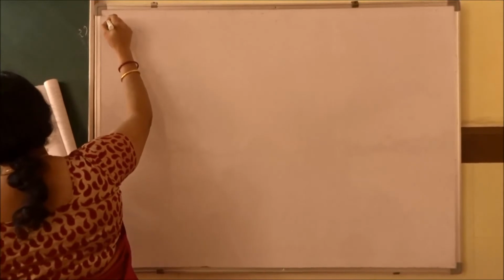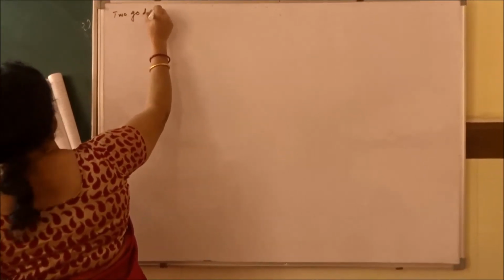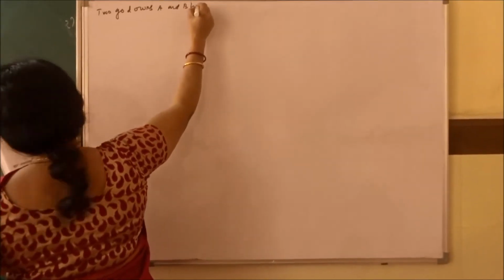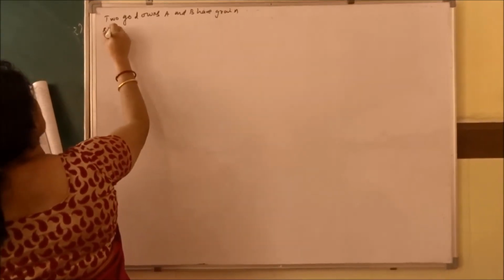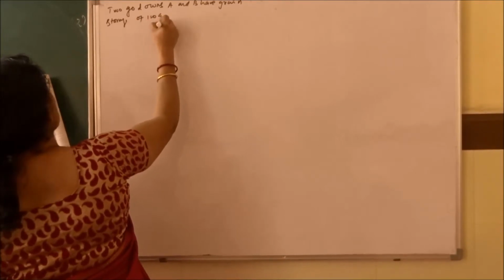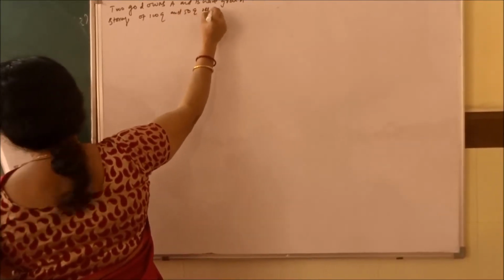Now see, there are two godowns A and B that have grain storage of 100 quintals and 50 quintals respectively.